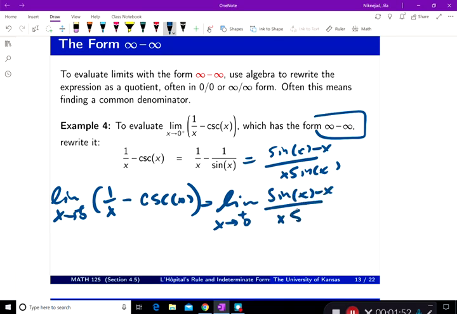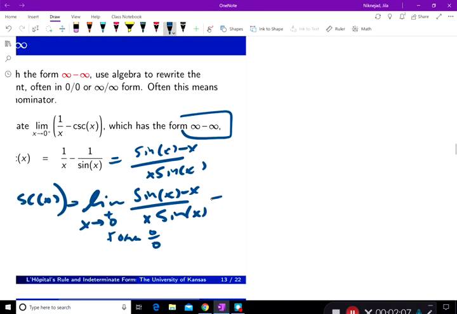And this time around, it's not infinity minus infinity, because when I plug in 0, I get 0 minus 0 over 0 times 0, which is 0 over 0. So the form is 0 over 0, and I can do an LHR.